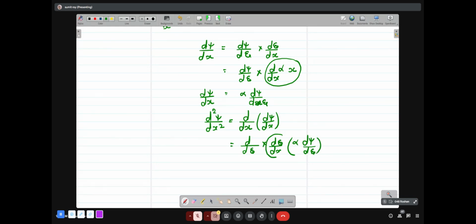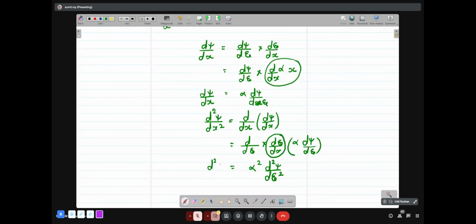Again, what is the value of this one? Alpha. So it is like alpha square d2 psi by d zeta square.